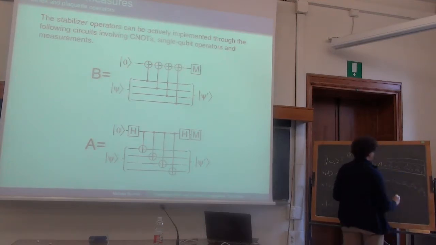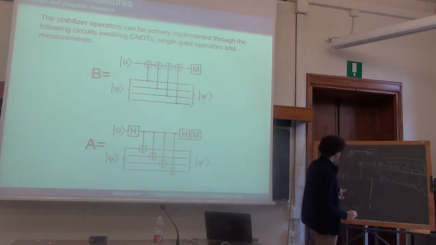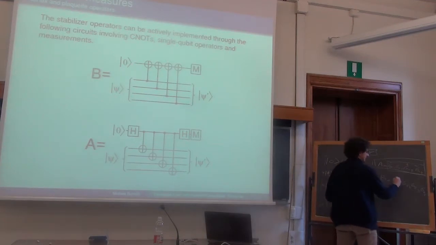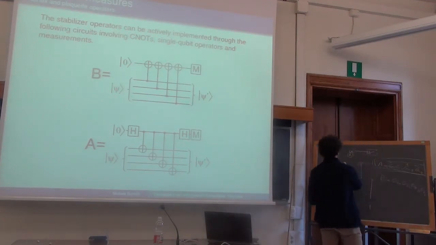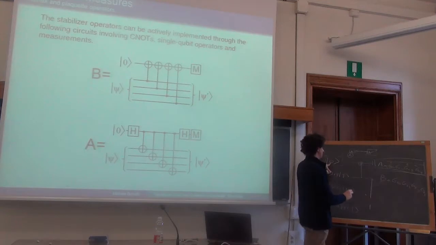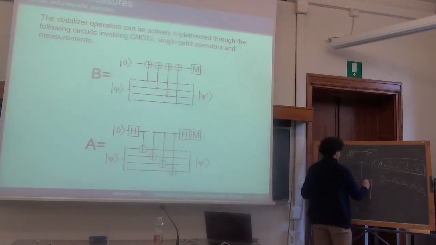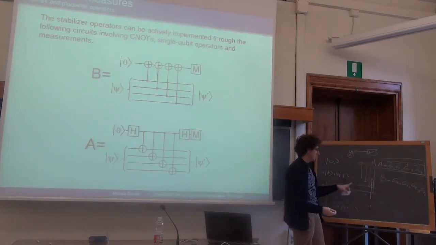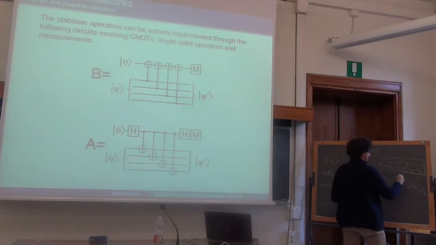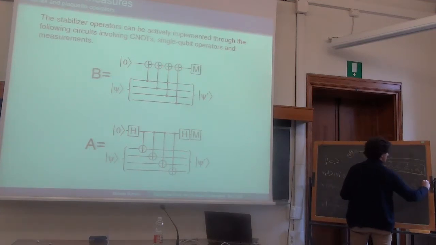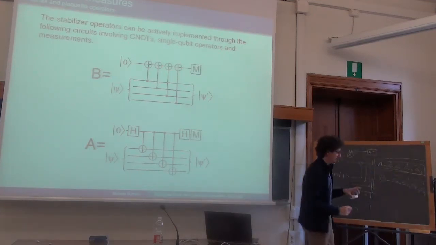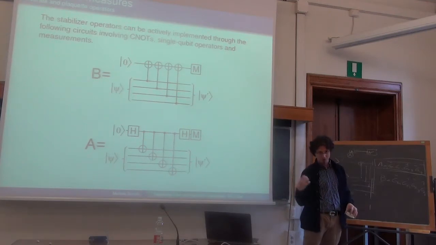Simply because I am looking at the number of zeros and ones that I encounter here, and this ancilla starts from 0. If I flip it an even number of times, it will go back to 0. If I flip it an odd number of times, it means that I am detecting an error, which was the previous magnetic flux.